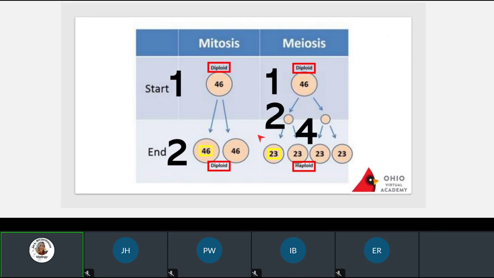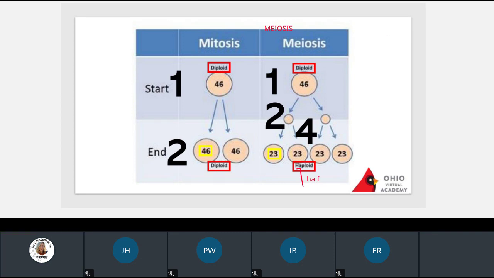They have the full set of chromosomes. And I like to think of haploid, HA, haploid is half the number of chromosomes. So our sex cells have half the number of chromosomes in them.